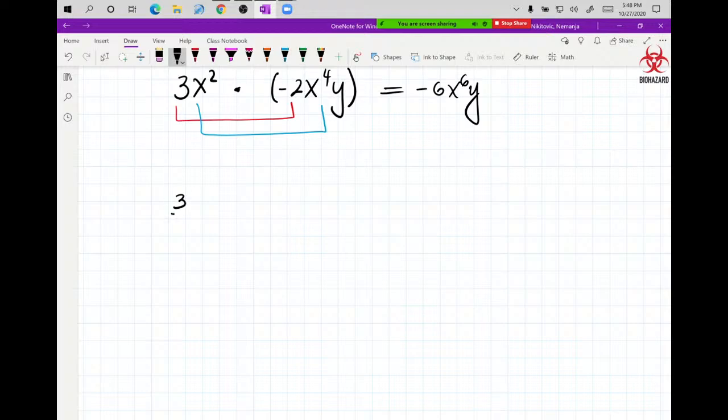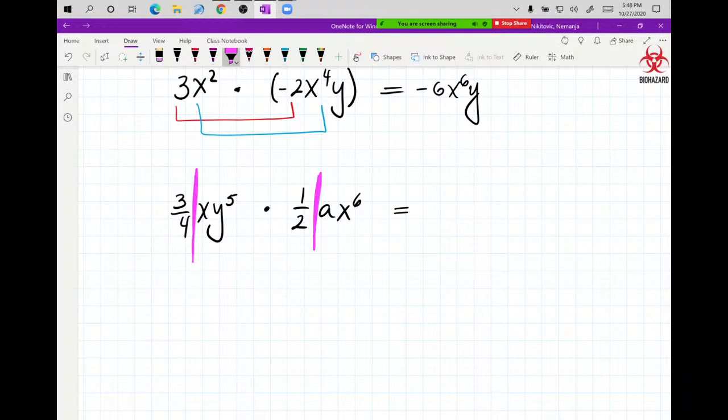So let's say you have 3/4 xy to the 5 times, I don't know, 1/2 ax to the 6, whatever. So again, we do the same thing. There is a constant in front.